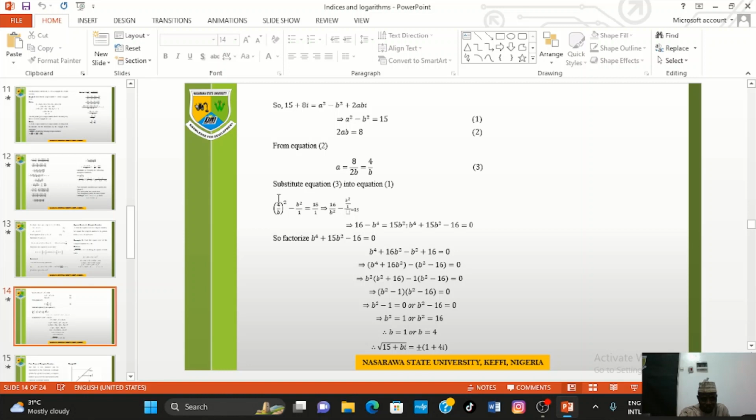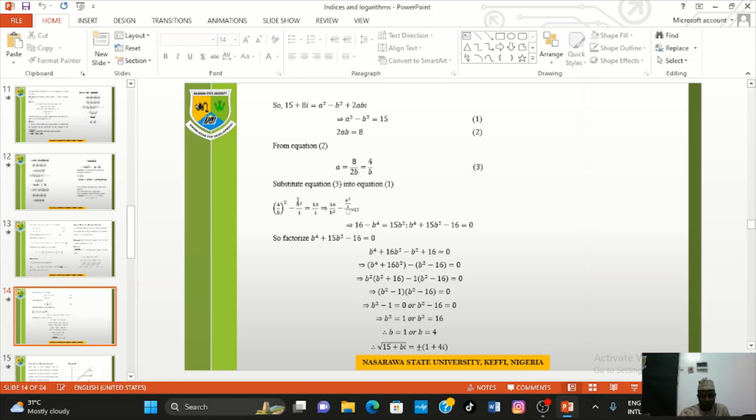So when you take the square of 4 and square of b, we now have 16 all over b squared minus b squared equals 15. So on the left hand side, you take the LCM of it. The LCM of b squared and 1 is b squared. b squared divided by b squared is 1.